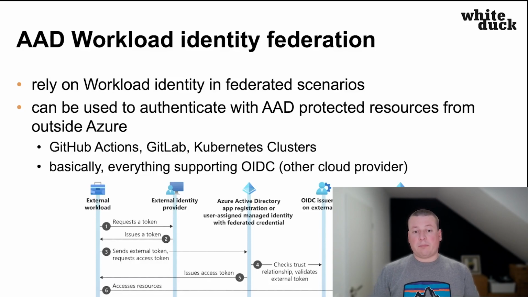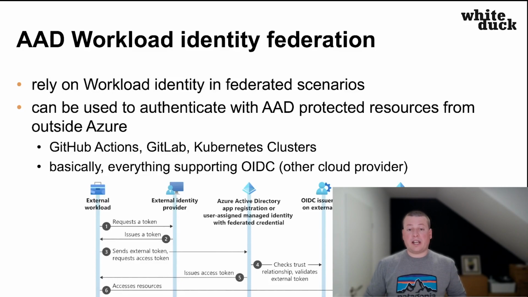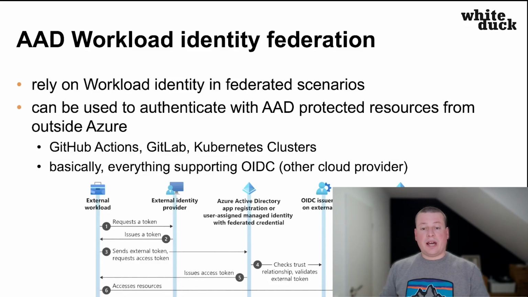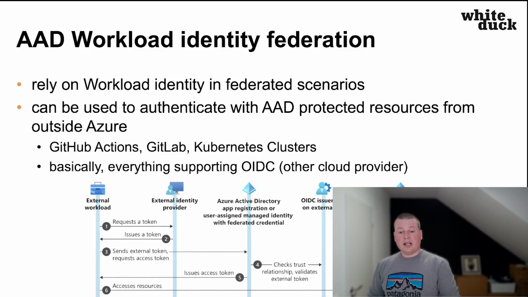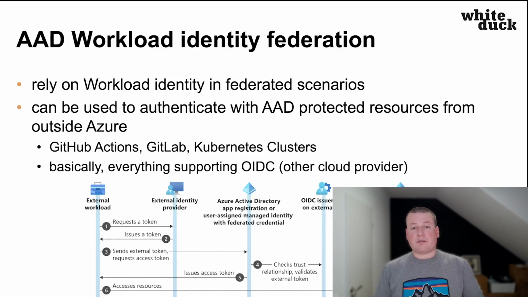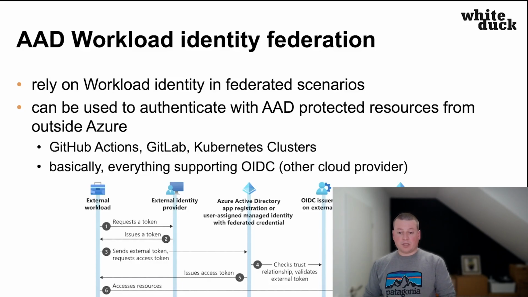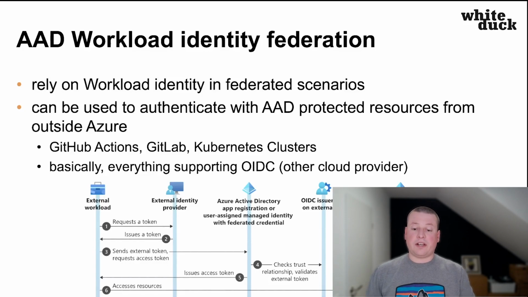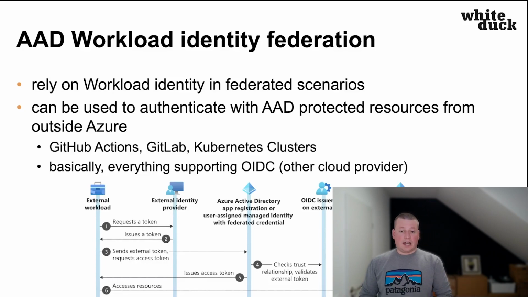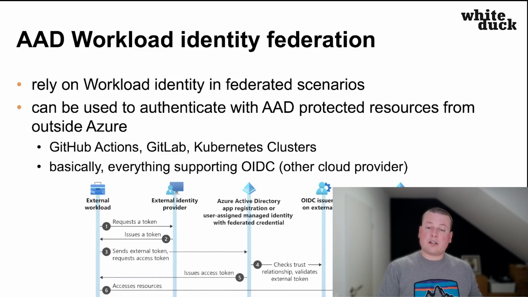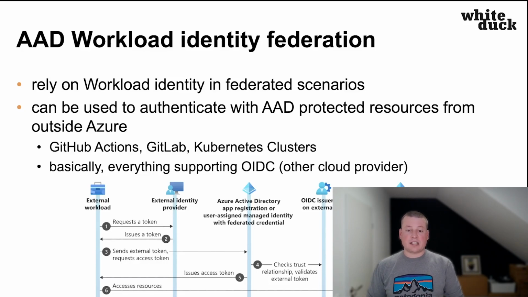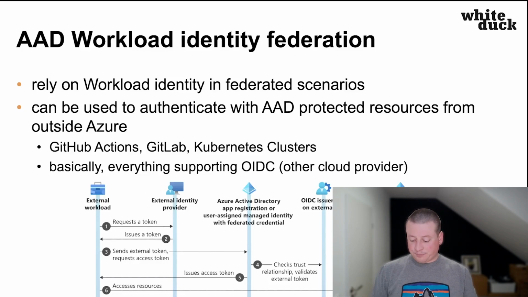And with this token, your application can then go to Azure Active Directory, to the underlying managed identity or service principal, and Azure Active Directory will then validate this token, validate if there's a trust with your OpenID identity provider, and if everything is fine, you can use this token to talk to the Azure Active Directory protected resources on Azure. So everything relies on OpenID Connect, short-living secrets, and you don't need to care about much.